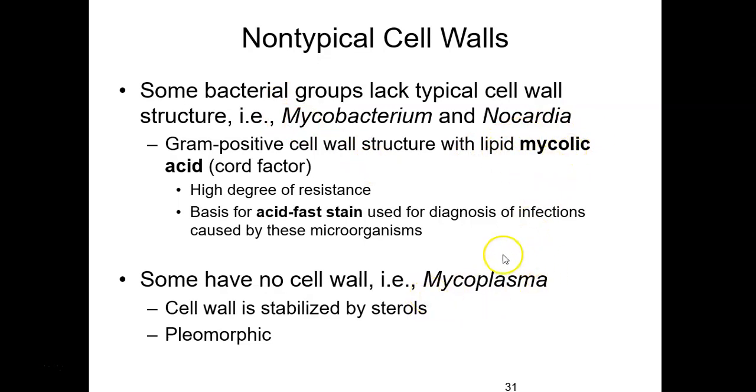The mycoplasma, which cause a condition known as atypical pneumonia, do not have a cell wall at all. They have a sterol structure, which is more similar to what we would find in a fungus. And they're what we call pleomorphic: morphic meaning shape, pleo meaning several. They can have several different shapes.